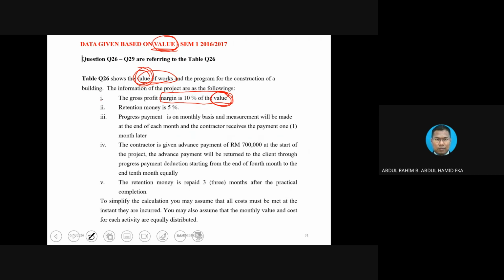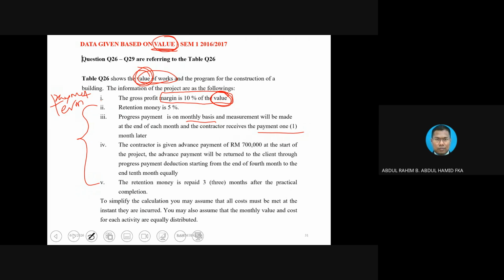So you notice, all these things are the payment terms that you need to take into account. Progress payment is made on a monthly basis, and the measurement will be exactly 1 month. Okay, there is no delay in payment. 1 month first claim on the first month, and then in the second month, it is already being paid.